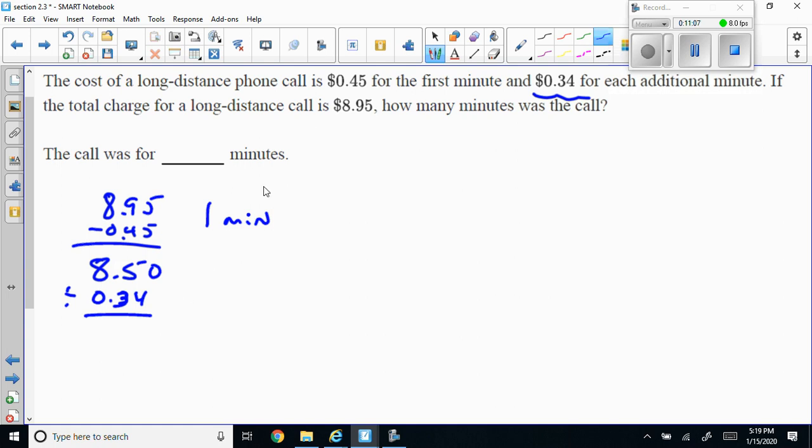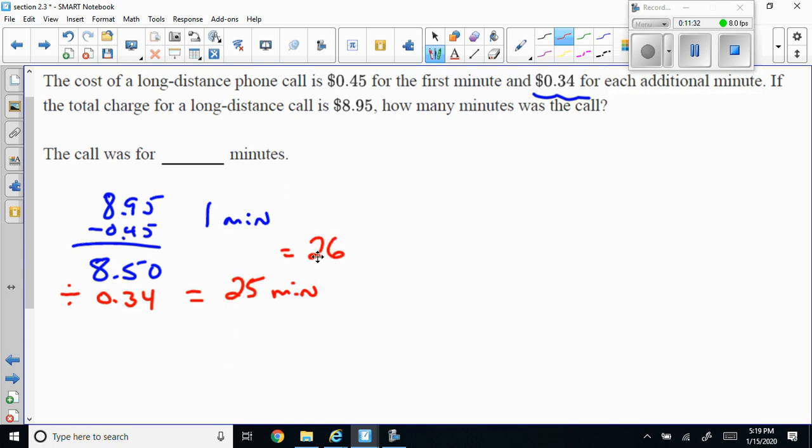Well, I shouldn't draw that little line there. Clean that up a little bit. So I'm going to divide it by 34 cents. That's going to give me what? 25 minutes. Ladies and gentlemen, 1 plus 25 equals how many? 26.